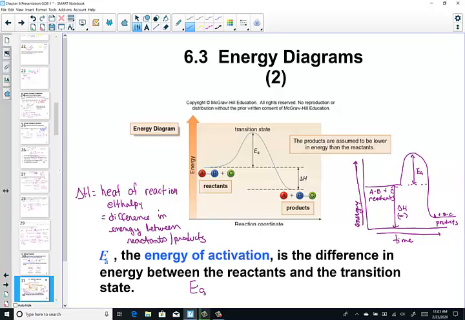And we define that as the difference in energy between the reactants and the transition state. And let's focus on what the transition state is as well. Locate the very top of your energy hill. The energy hill, the activation energy, is the amount of energy needed for the reaction to occur. I'm going to write that as well.